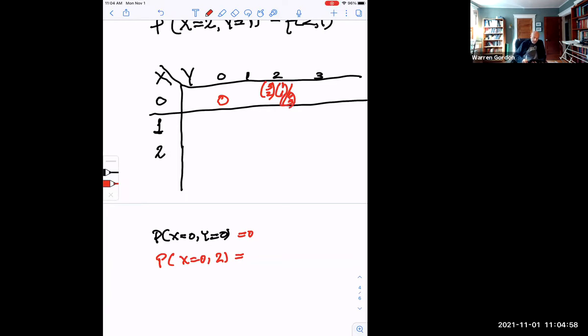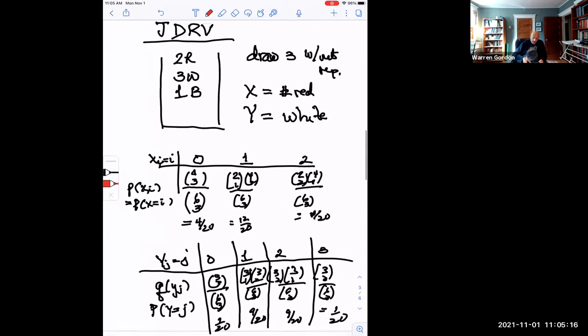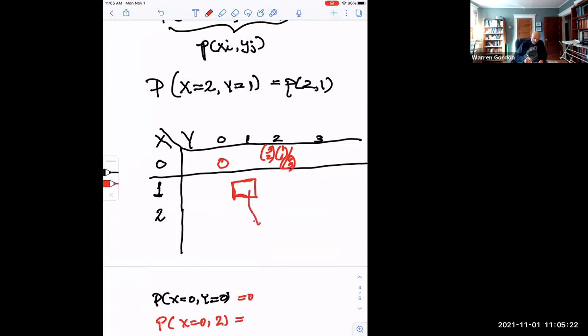Let me do another one for you. What's the probability that X is 1 and Y is 1? Say this one right here, then I'll just fill in the chart. X is 1 means from the 2 reds, I'm getting 1.